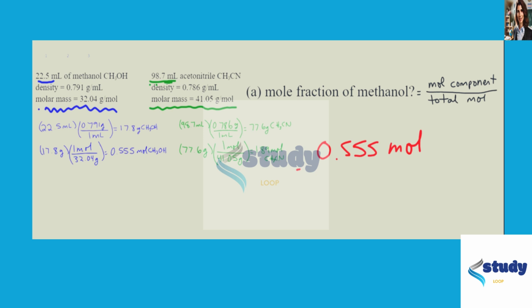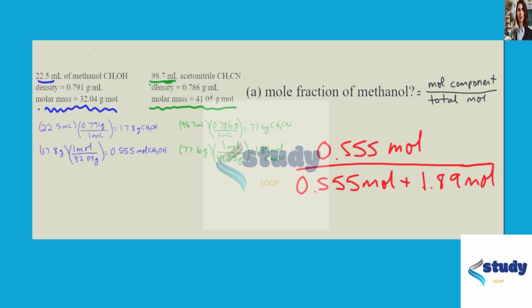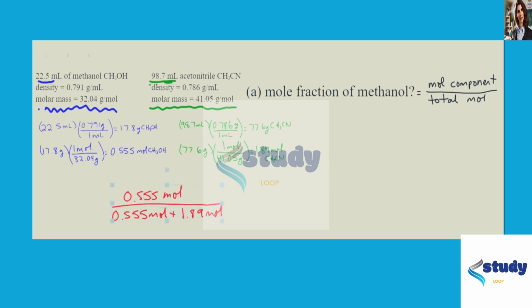So the two components of the mixture are methanol and acetonitrile, so 0.555 moles, divided by the sum of the two, will give us the mole fraction. So put that into your calculator, and you find that the mole fraction of methanol is equal to 0.227.